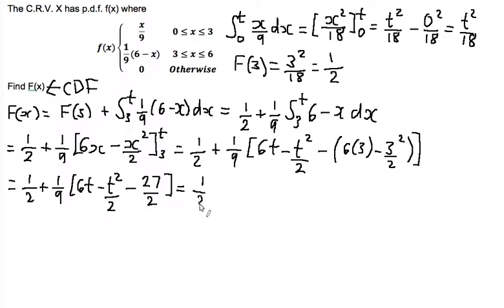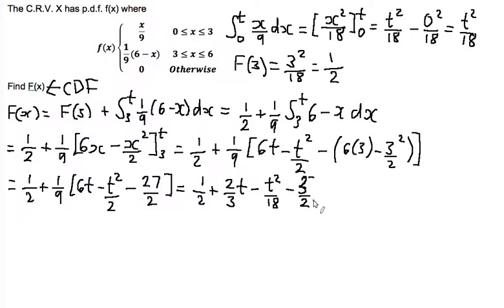So I get a half plus, and it requires you to be able to do fractions, 1/9 times 6 gives me 2/3 t. 1/9 times minus t squared gives you minus t squared over 18. And then 1/9 times 27 over 2 gives me 27 over 18, which simplifies to 3 over 2, with a minus sign in front.